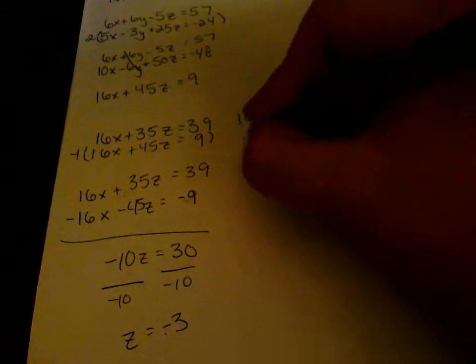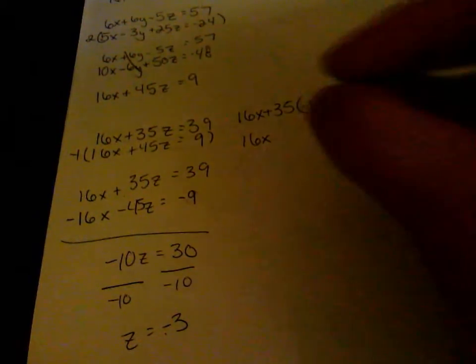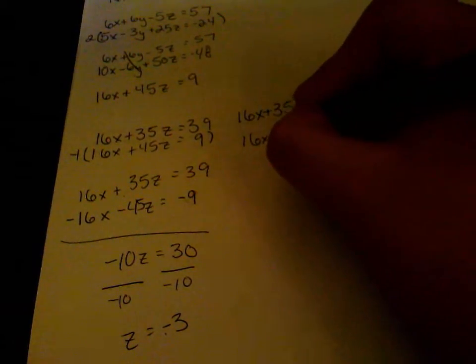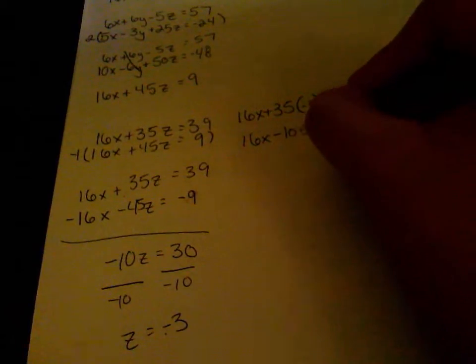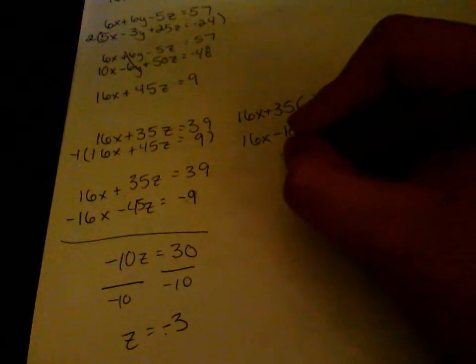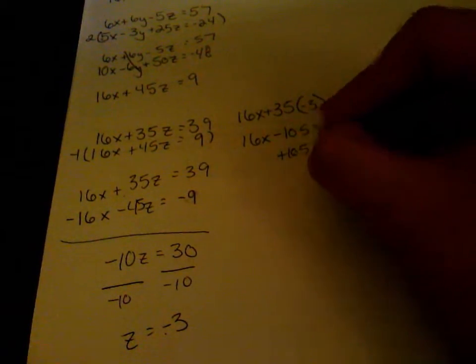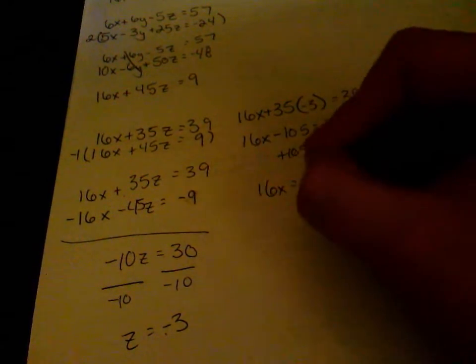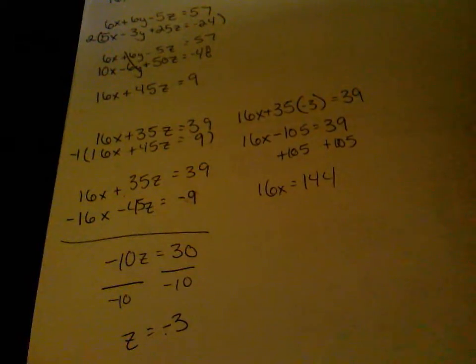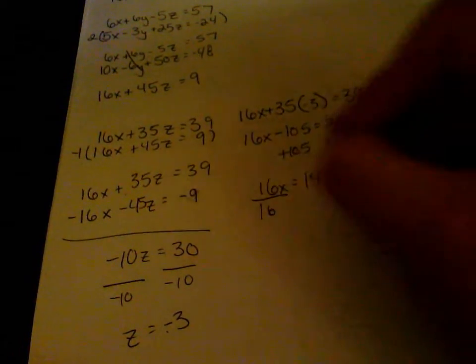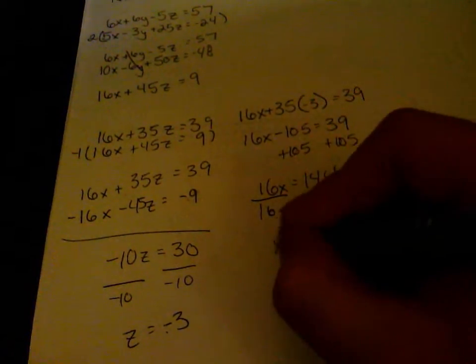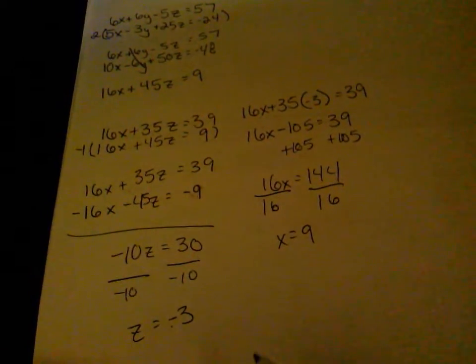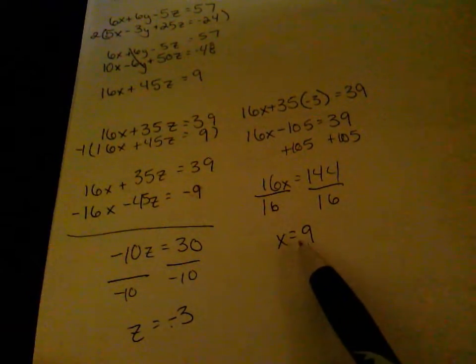Okay? This is 16x minus 105 equals 39. I'm going to add 105. That's 16x equals 144. And then I'm going to solve for x. X gives me 9. So now I have two of my variables.